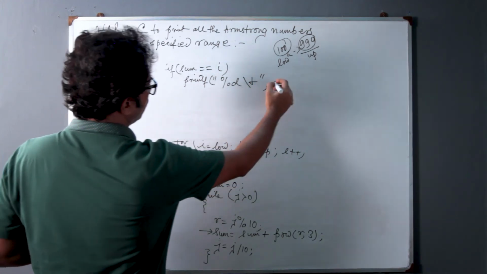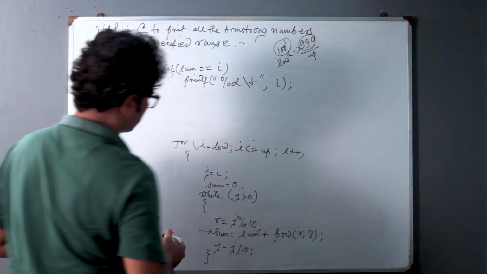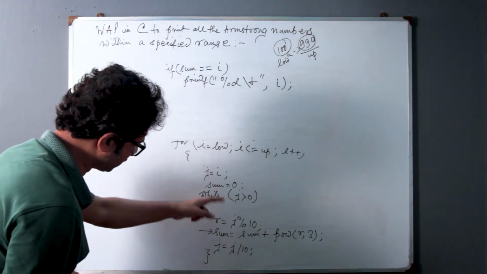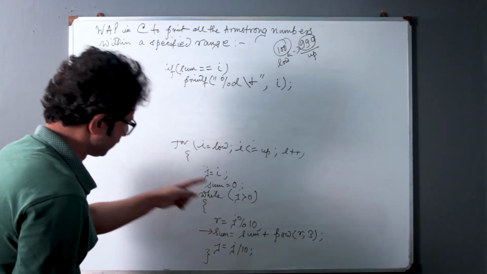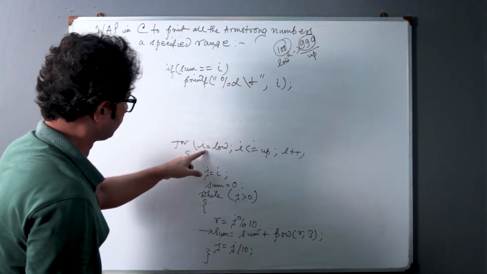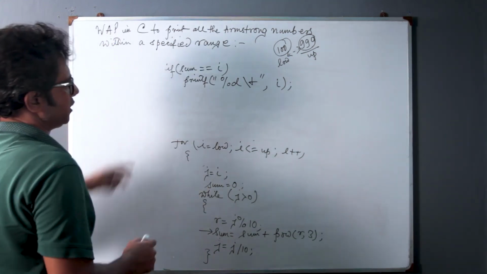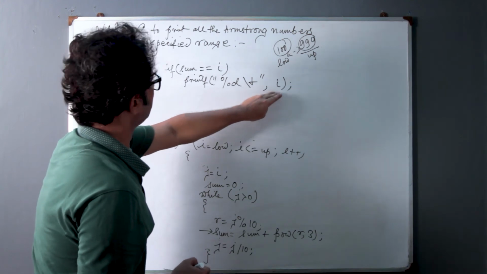And now we will print the value of i, because i has not changed. j is changed in the course of the calculations, in the course of the iterations, and i has not changed because we were holding the value of i in the process. So this i will be printed.